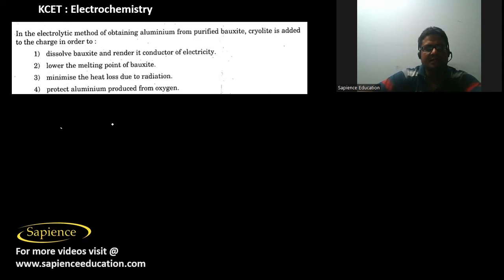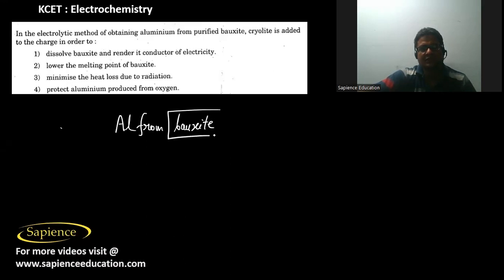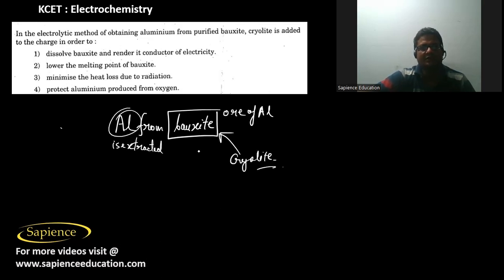So bauxite is one of the ores of aluminum from which aluminum is extracted, and here cryolite is added in order to dissolve the bauxite and to render it conductor of electricity.